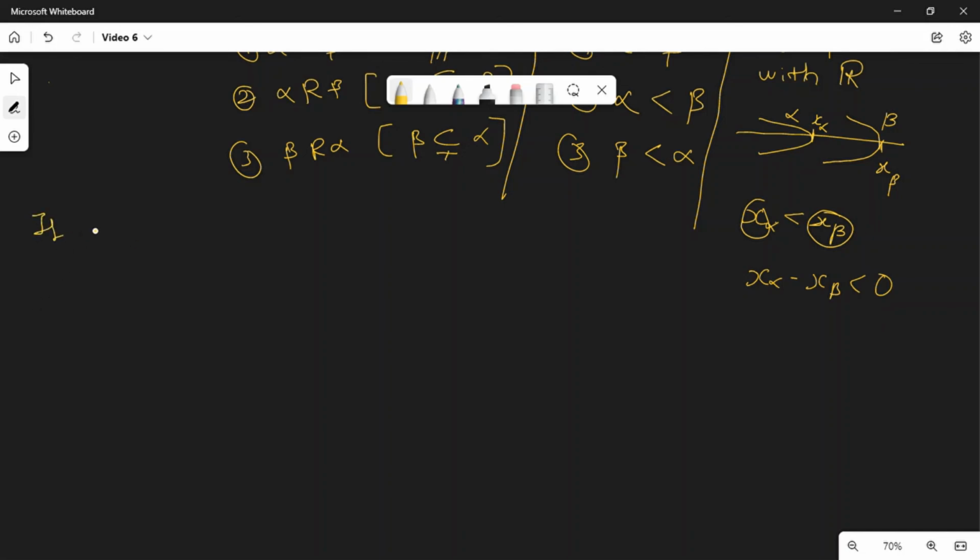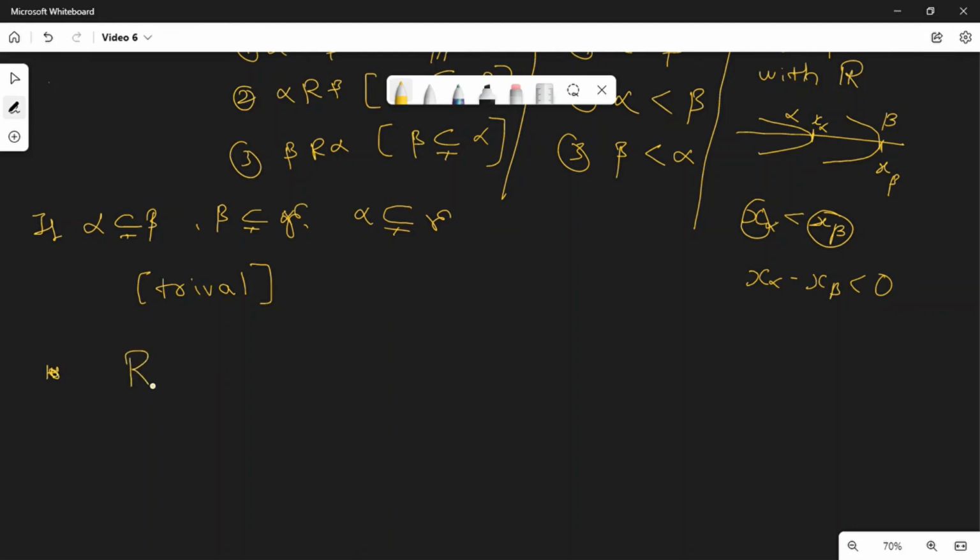And if alpha is a proper subset of beta and beta is a proper subset of gamma, then definitely alpha is a proper subset of gamma. This is very trivial, I guess you will understand this. So both the properties of the order are satisfied.